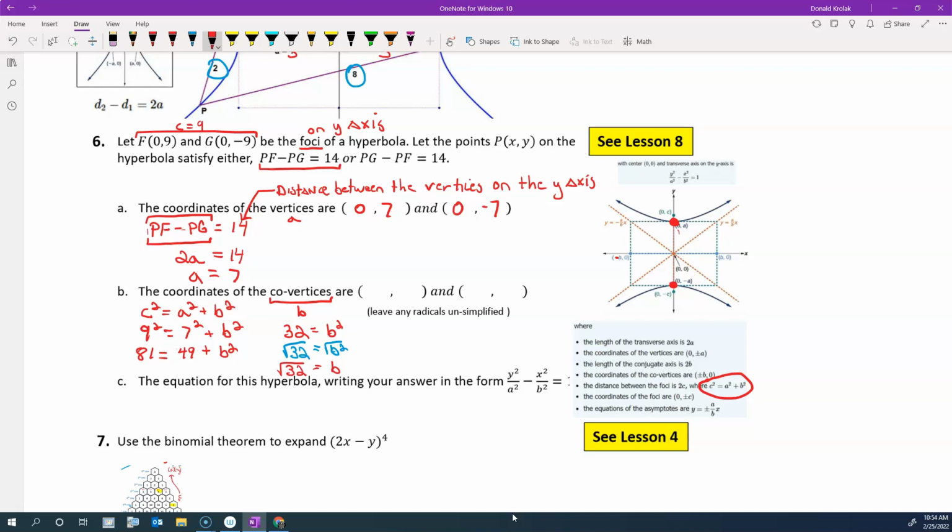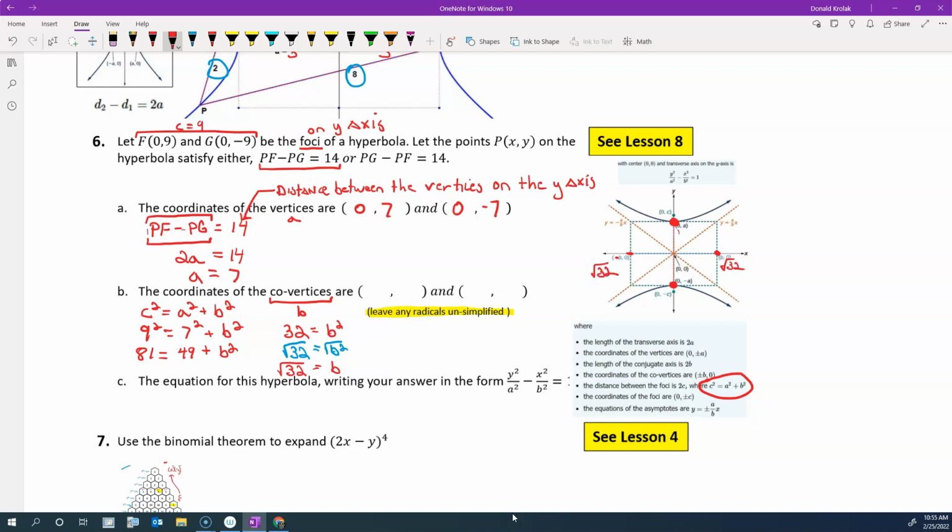What I wrote here is, for this, just leave your radical unsimplified. What we just found was this distance here is root 32, and that distance here is root 32.